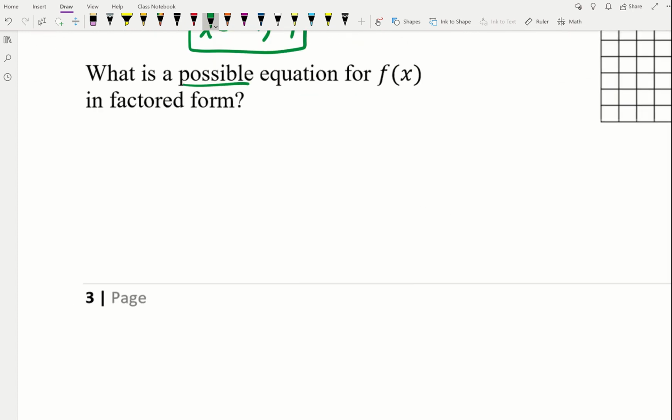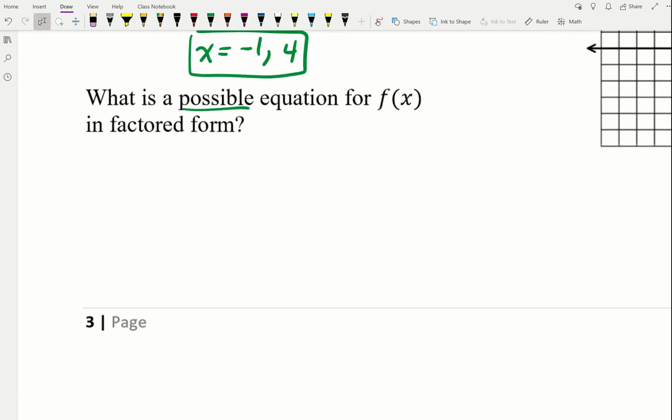So we need to basically think, okay, if our solutions are negative 1 and 4, what is a possible factor that would give us negative 1 as a solution? Well, it's x plus 1. And then what is a factor that is going to give us positive 4 as a solution?